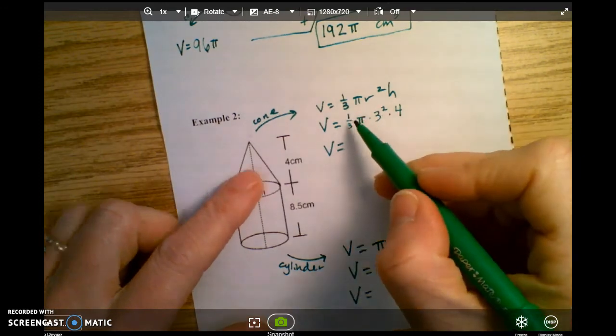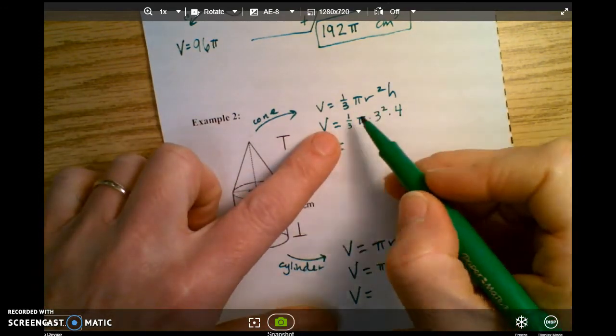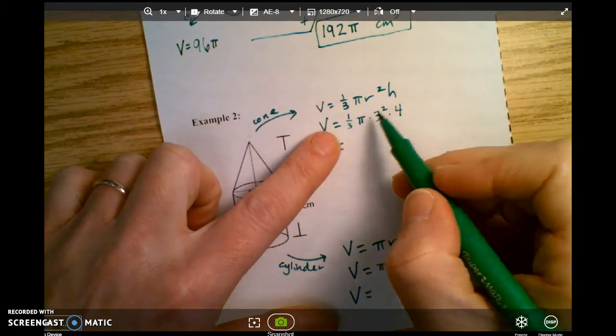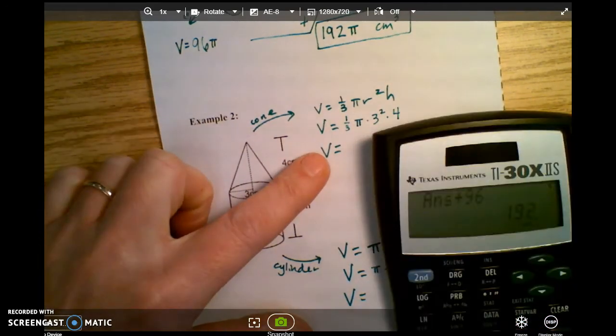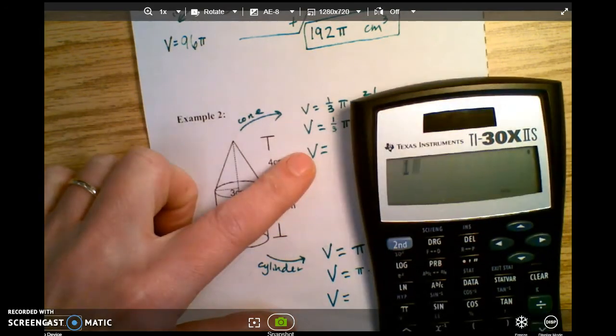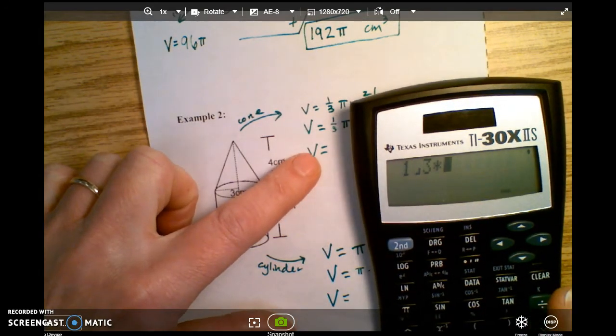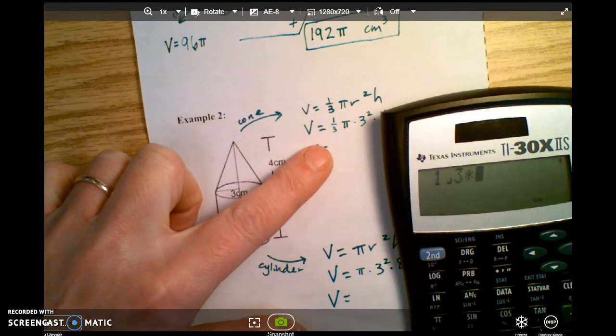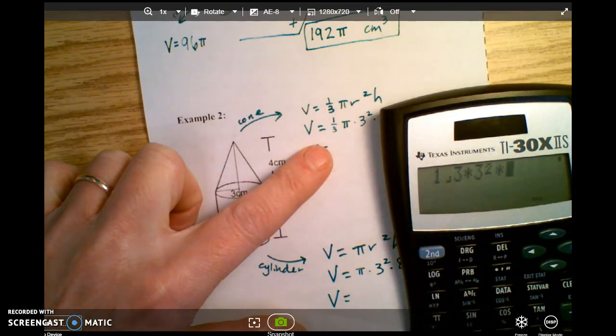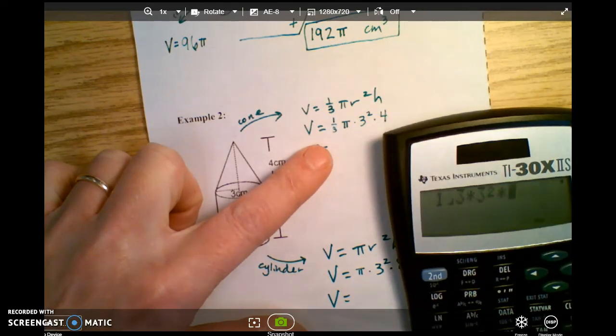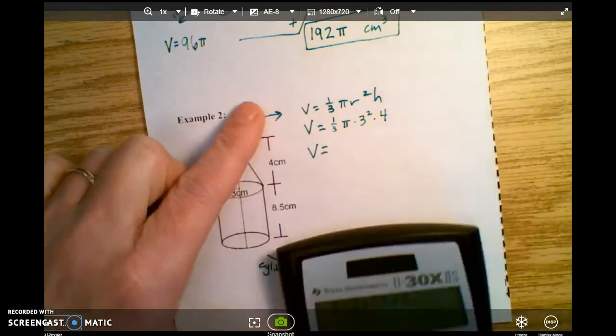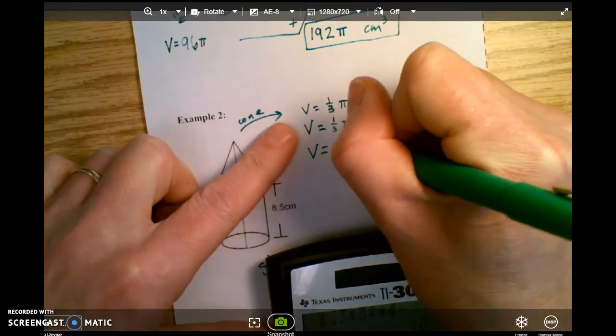The other thing we have to remember is that the volume formula for a cone is 1/3 times pi r squared h. So we'll have to make sure we remember to put in our 1/3. And I think we'll do this one in terms of pi also. So don't type in pi, just type in your radius squared times your height. And I get 12 pi for the volume of the cone.